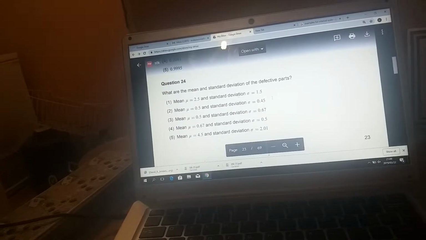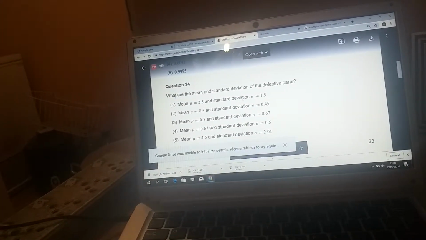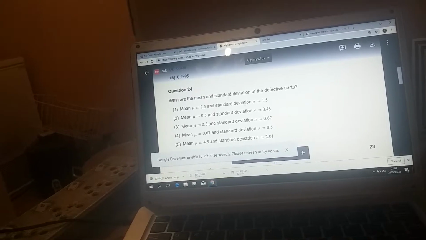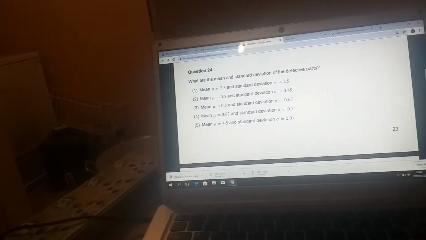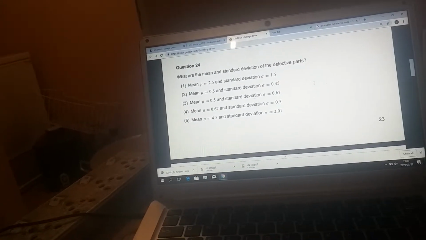Then question 24 says, what are the mean and the standard deviation of defective parts? With a binomial distribution, we can approximate it by a normal distribution.